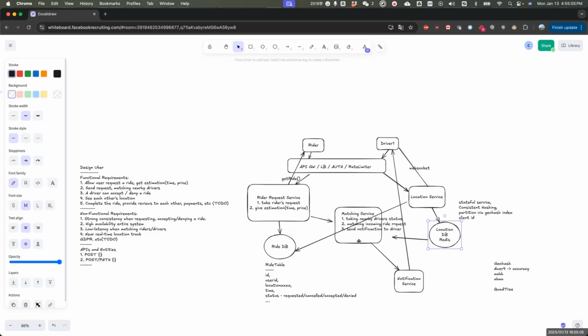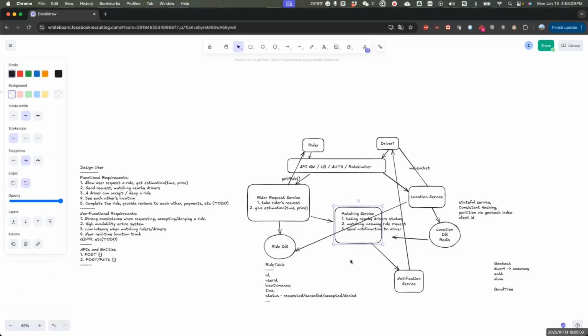The second thing, as we mentioned, is that the matching service should be partitioned via geohash and a consistent hashing mechanism, to quickly allocate a particular geohash and a particular set of drivers in a nearby geohash location.